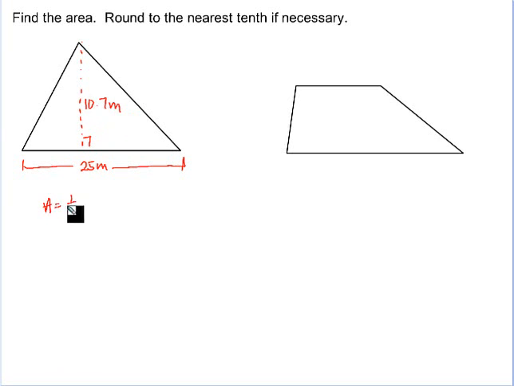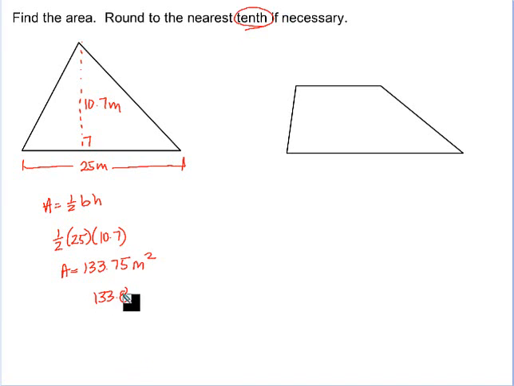So the area of a triangle is 1/2 base times height, which we are already given both of those. So 1/2 times 25 times 10.7. And so when we multiply those together, we end up getting 133.75 meters squared.